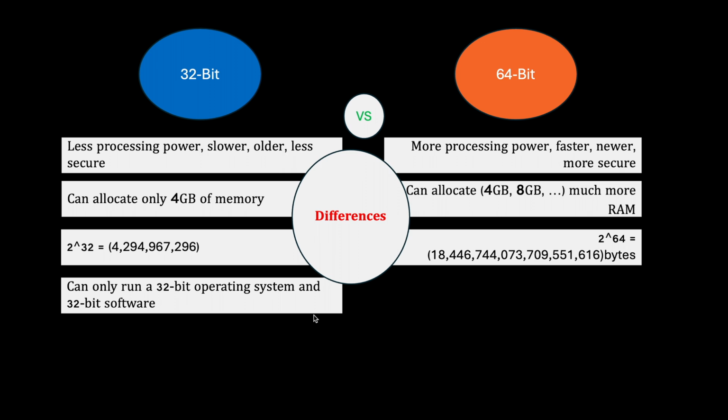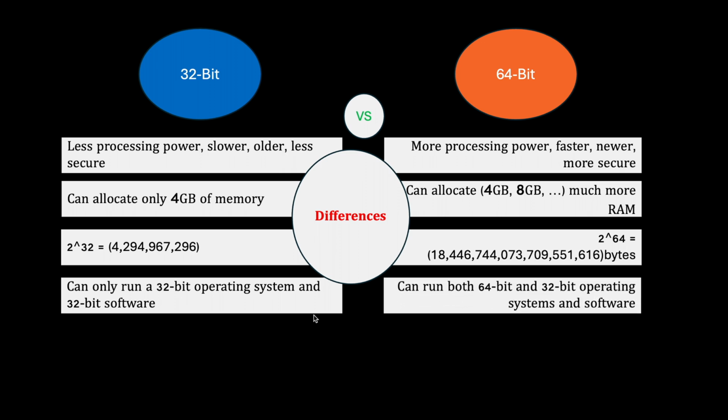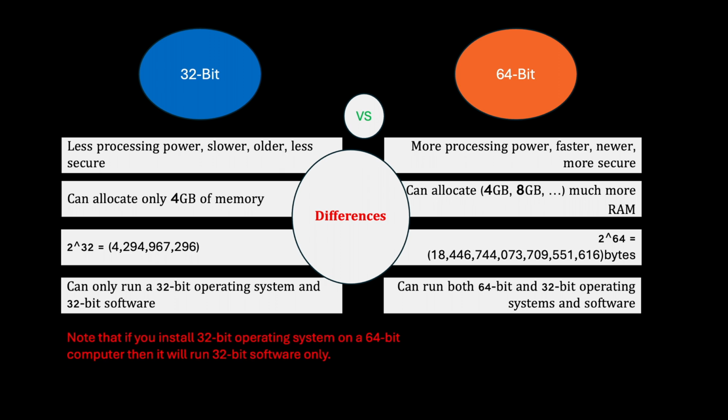But a 64-bit can run both 64-bit and 32-bit operating systems and software. We should note that if you install a 32-bit operating system on a 64-bit computer, it will run 32-bit software only.